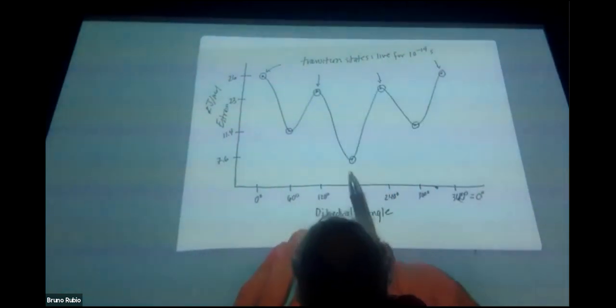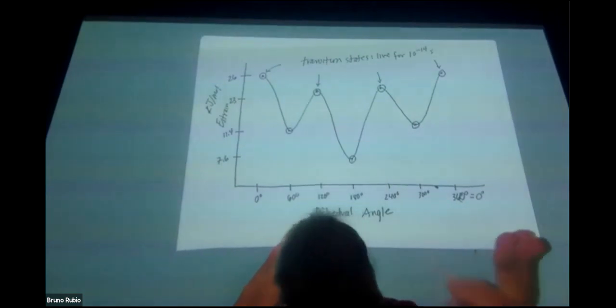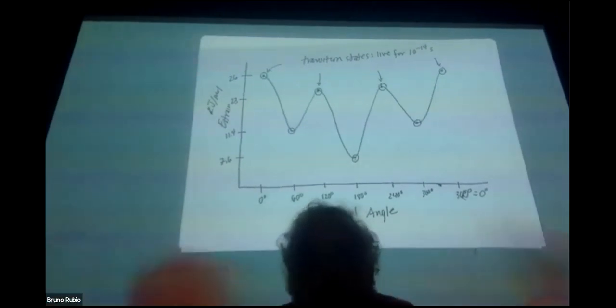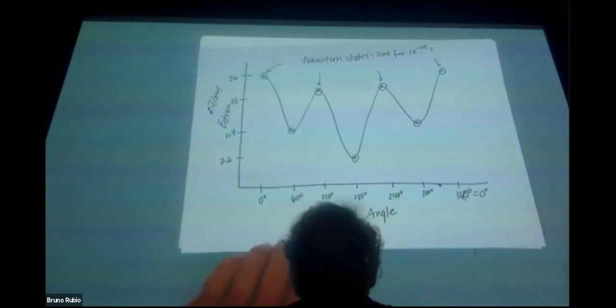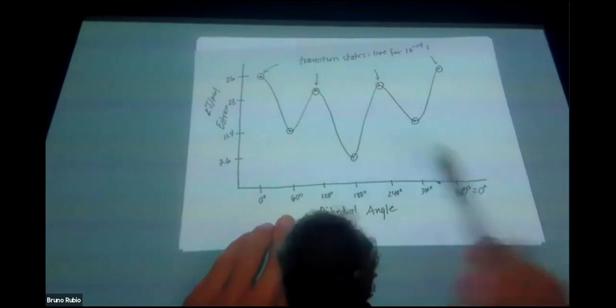The molecule spends most of its time in these valleys, but not all of the time, because the molecule isn't isolated. It's being crashed into by a bunch of other molecules, and that's what sets the bond to rotate. Okay. So those are the transition states, and these are the energy minima.